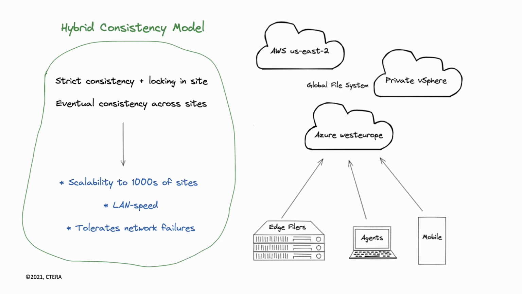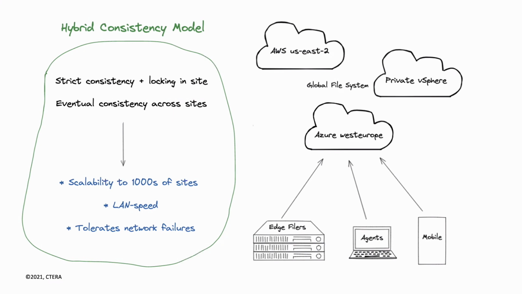So when users are at the same location and there's no latency between them, they have strict consistency and each one sees the updates of the other user immediately, and locking is supported. When we talk about communication between sites, the model is eventual consistency, which is without locking. And the reason for this is scalability.